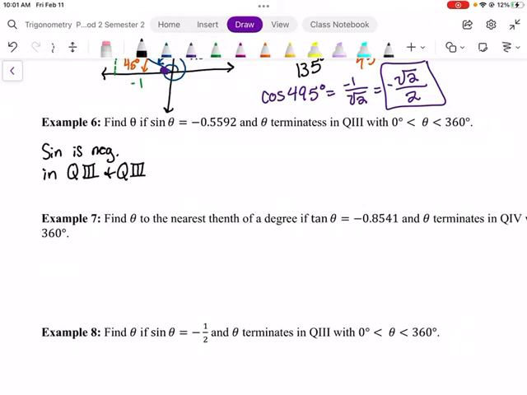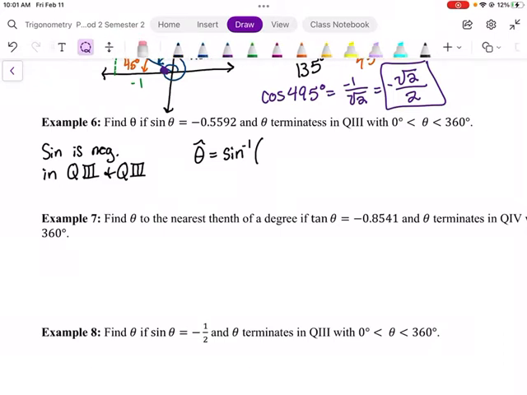So what we are going to do is we're going to be finding our reference angle. And to find our reference angle, we are going to do the same thing that we did before by typing this into our calculator using the inverse functions. The only thing different that we are going to do is we are not going to include the negative.